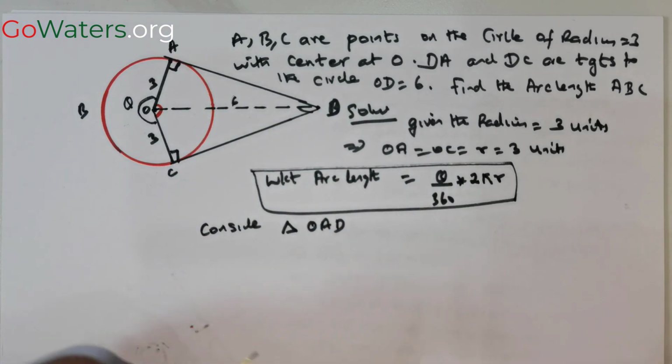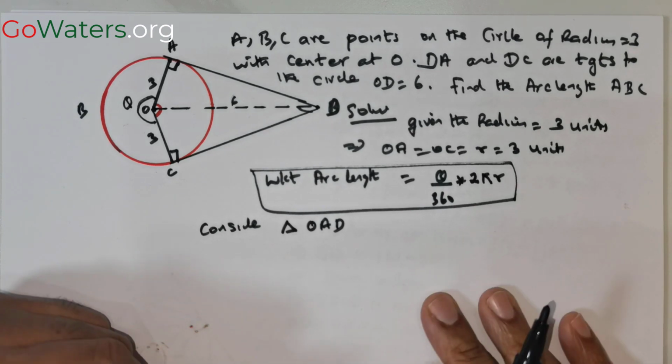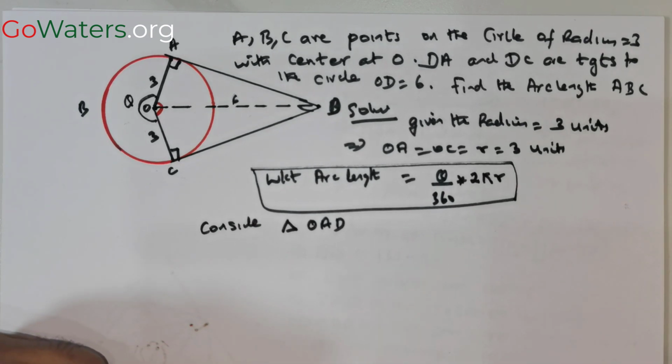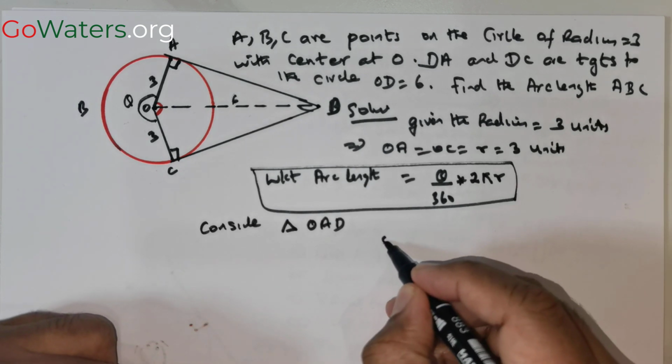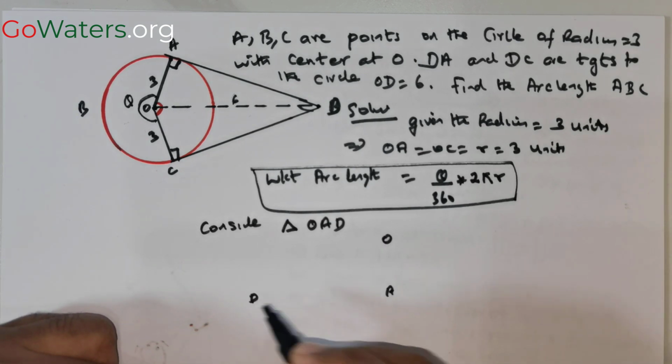So I will just draw it like that. Now I will exclusively take the triangle and place it over here for your better understanding. So I would draw it in this fashion: O, A and D.